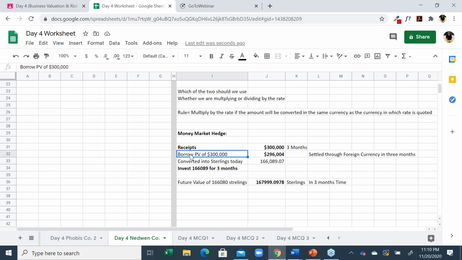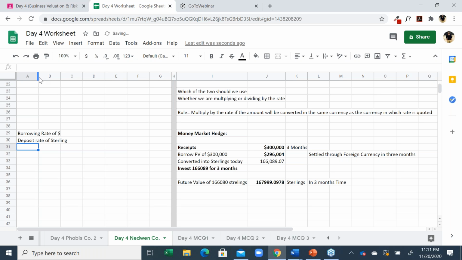We were borrowing US dollars, right? So we need the borrowing rate of US dollars. Then we were investing in pound sterling, so we need the deposit rate of sterling. So remember these.